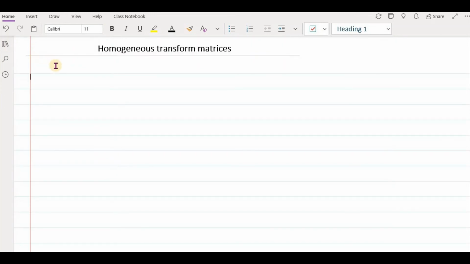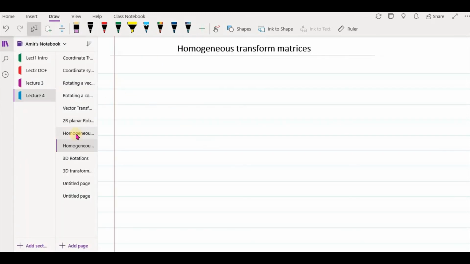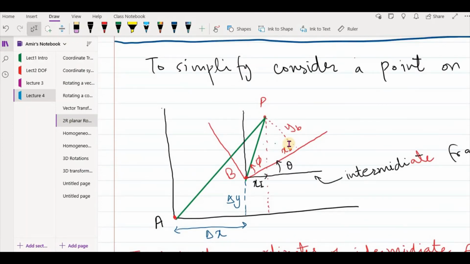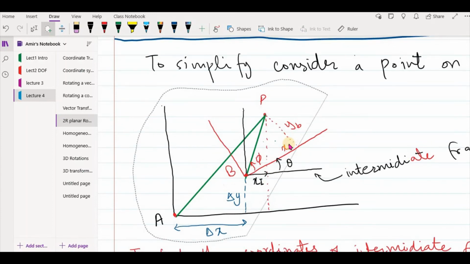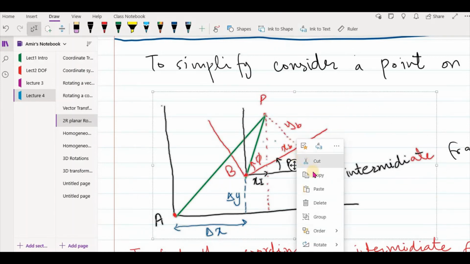Okay, so let's take again an example that we solved previously without using homogeneous frames. Let's take this example again, where we have a frame. Should we copy paste it? I think it's better if we copy paste it, otherwise we have to draw it totally again. Let's see, is it possible to copy paste it here? Yes.